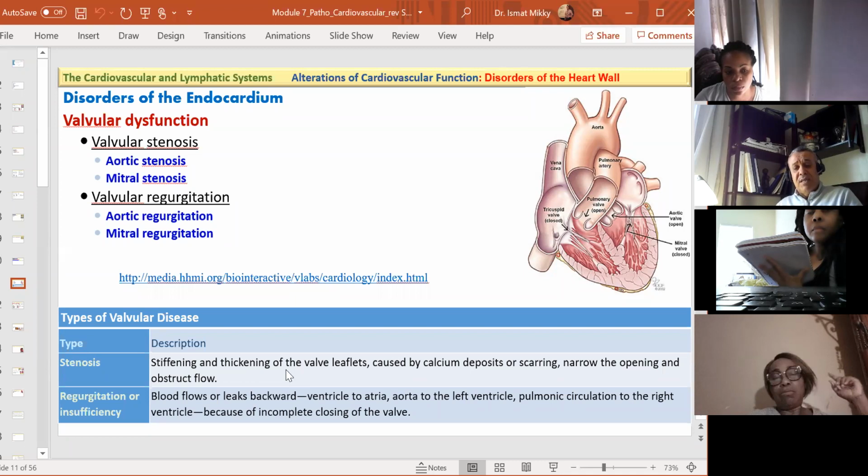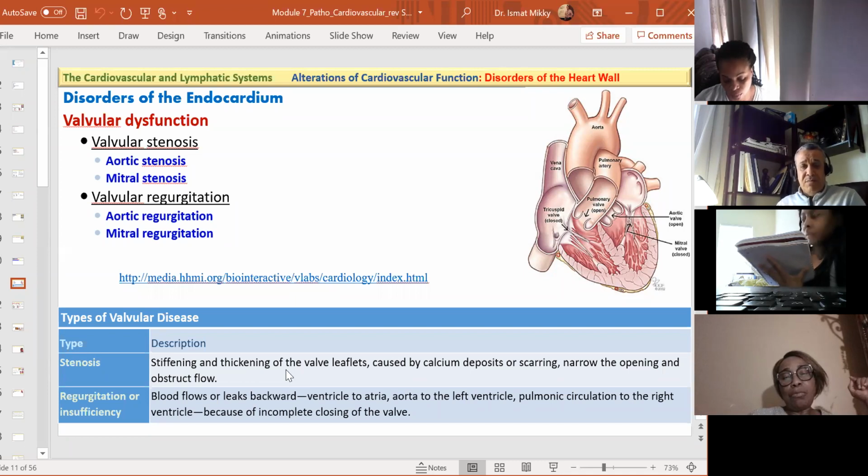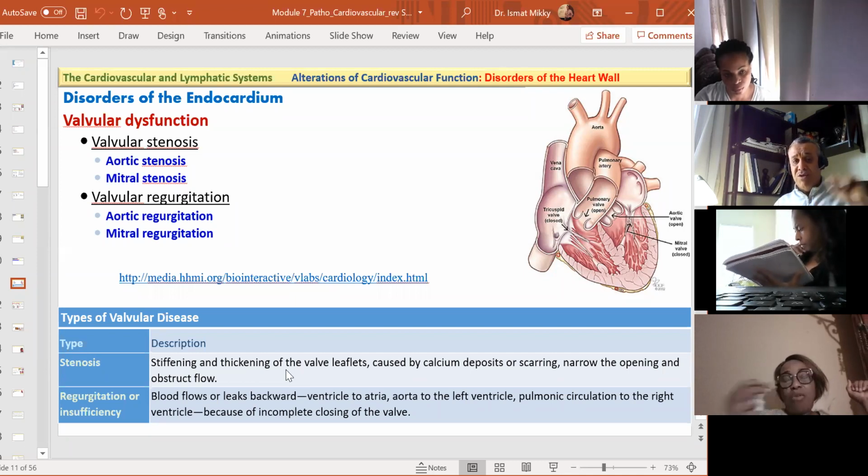Regurgitation or insufficiency is when blood leaks backwards. We'll discuss and describe it for the aortic and mitral valves: when there is regurgitation, it's because the valve is incompetent, resulting in insufficiency.